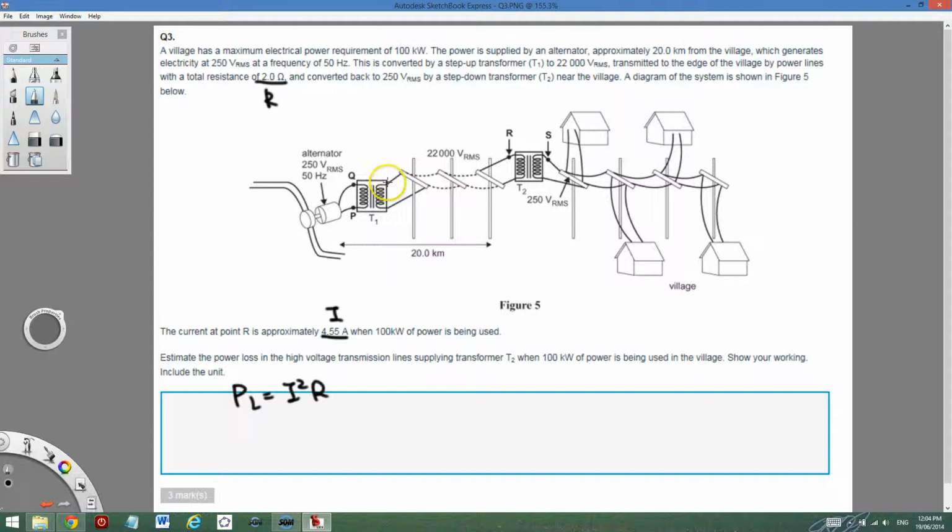It's the resistance of the wires between T1 and T2. So type it in your calculator and you have 41 watts. Remember the unit.